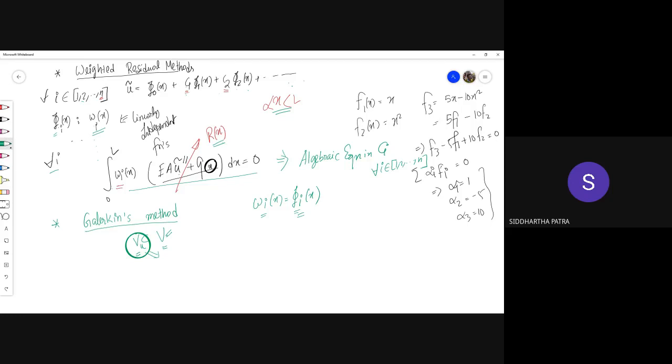So there are two things. One is, as you keep on increasing the number of terms, you approach accuracy. And number two, in order to have a reasonably accurate solution, you need not go for the global set, you can still go with a smaller subset.